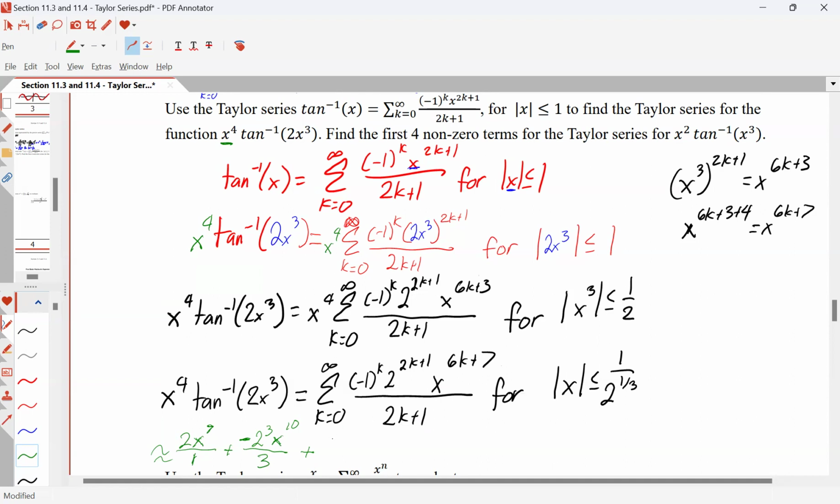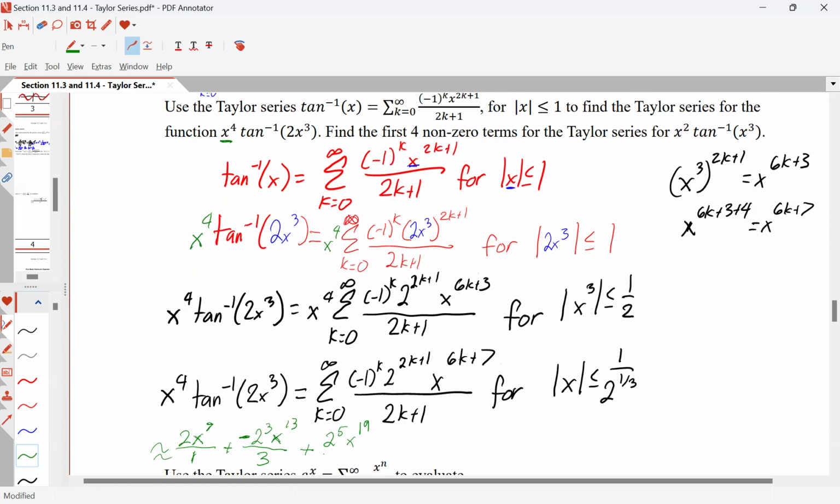When k equals 2, we get 2 to the 5th, x to the nineteenth, and actually back here, I read this as a 3k, not a 6k. 6k plus 7 back here would be 13. So x to the 19th, all over 5.